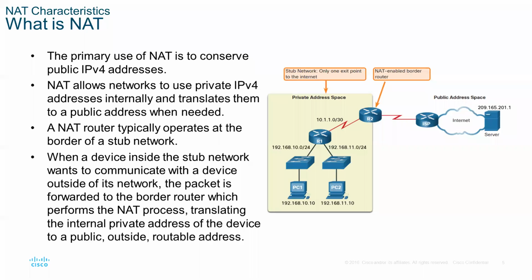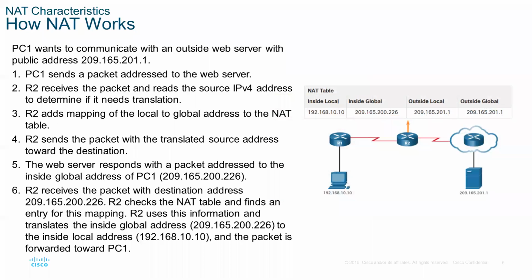So we need to set NAT up on the router that faces the outside world, and we basically set it up so that it translates a stub network, which means it only has one way to exit. And we translate the internal private address to the public outside address, which then can connect to the internet and traffic can come back to that point.